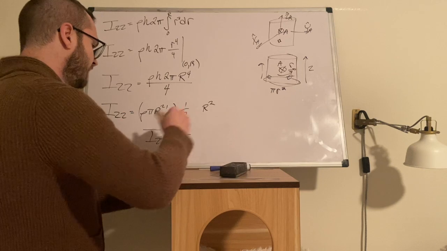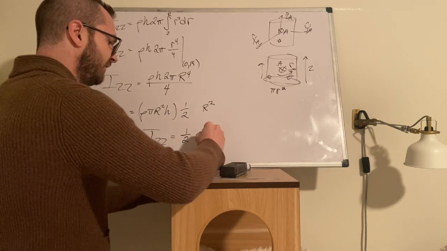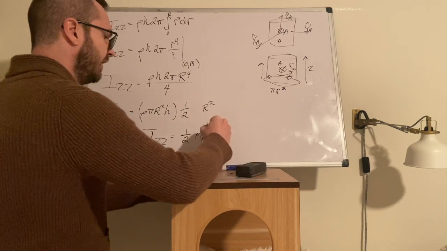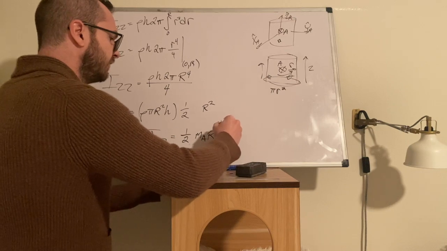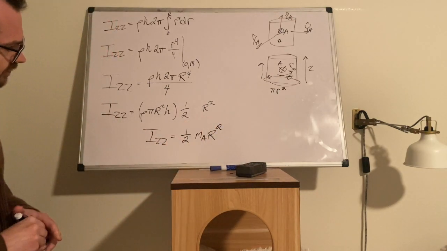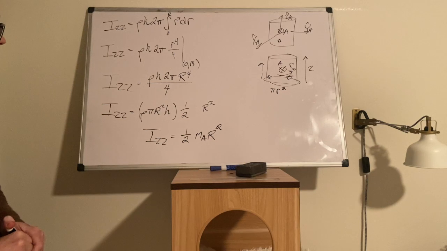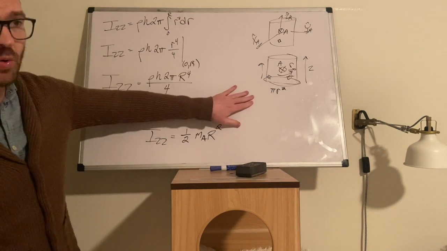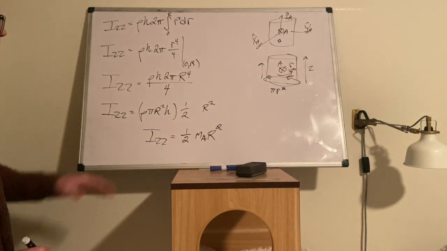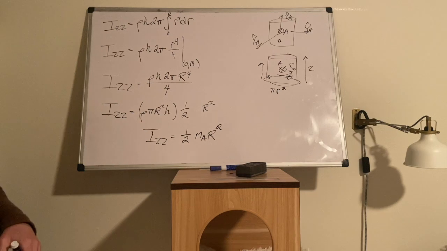There we go. 1/2 times the mass, so let's say mass of A, multiplied by the radius squared. Again, the only thing really tricky here is sorting out what coordinates you want to use and what your bounds are. Let's do one that's slightly more complicated next.